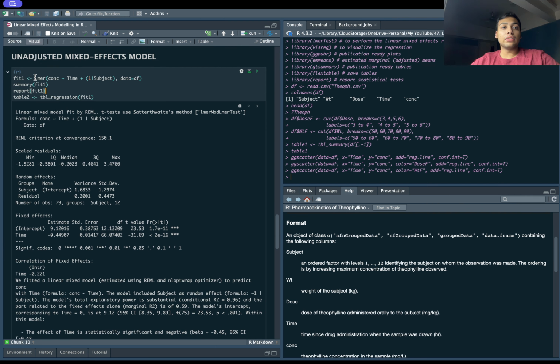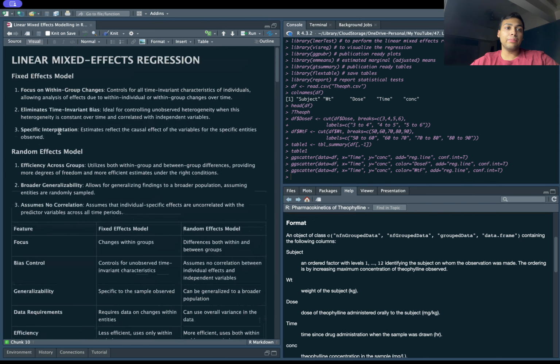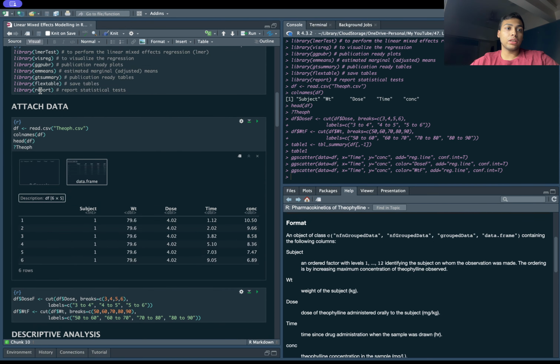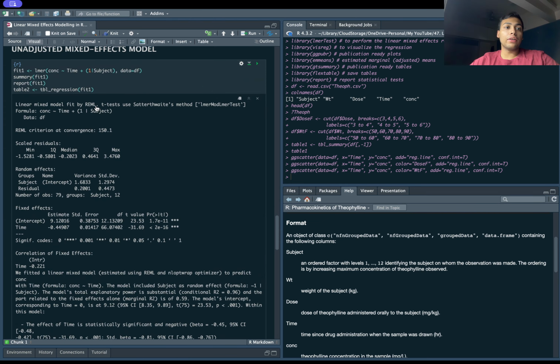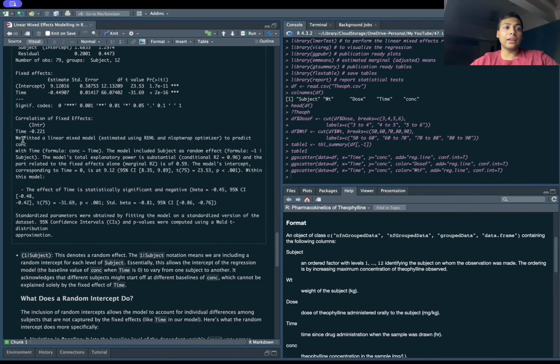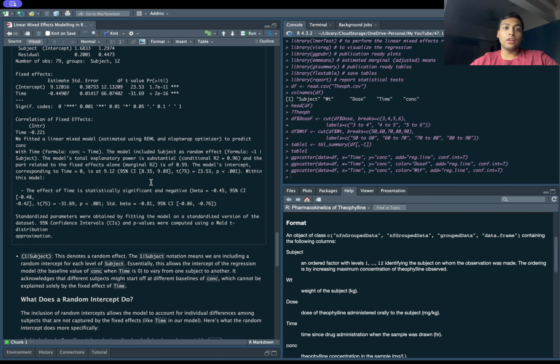And the rest of the syntax is the same. Summary will get us this summary write-up or a summary analysis. The report function, from the report library, will give us a very nice statistical report, very useful.